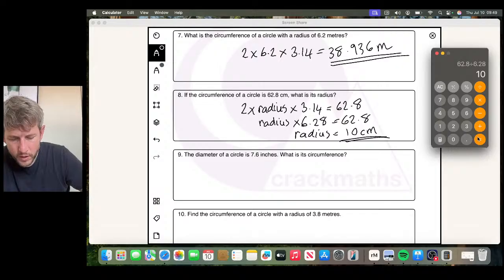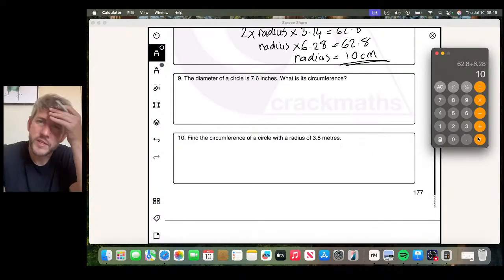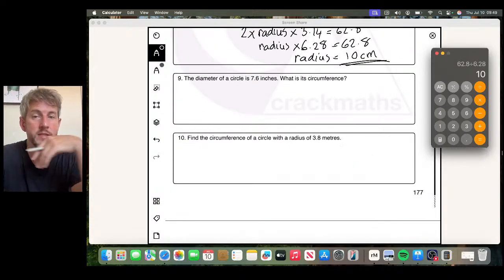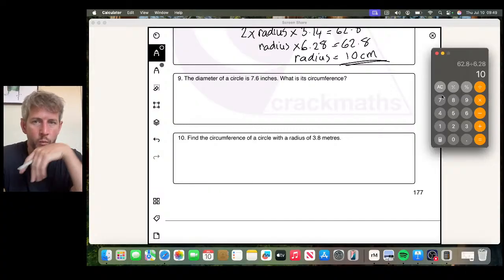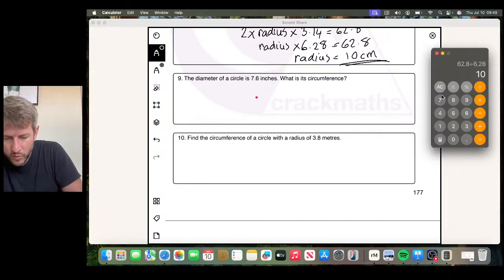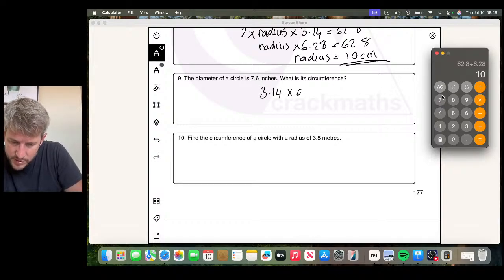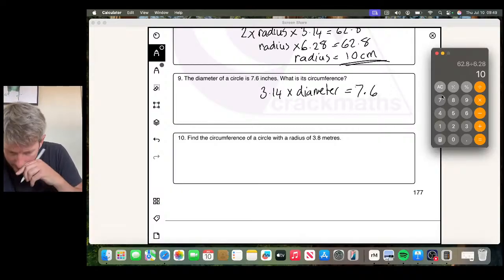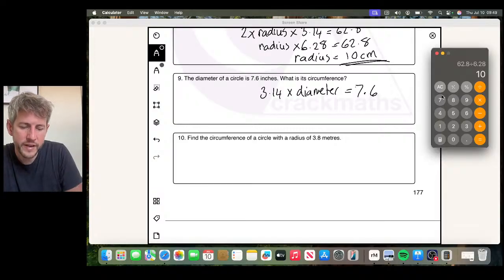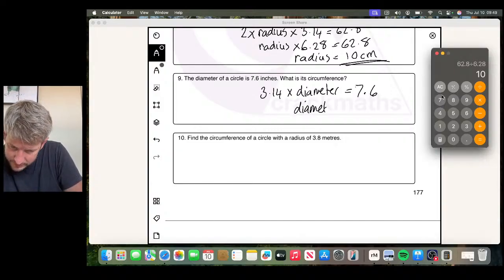Question 9. The diameter of a circle is 7.6 inches. What is the circumference? So remember, pi times diameter, so 3.14 times the diameter equals the circumference, which in this case is 7.6. So we want to find out what times 3.14 gives us 7.6. So we're just going to divide 7.6 by 3.14 and that will give us the diameter.